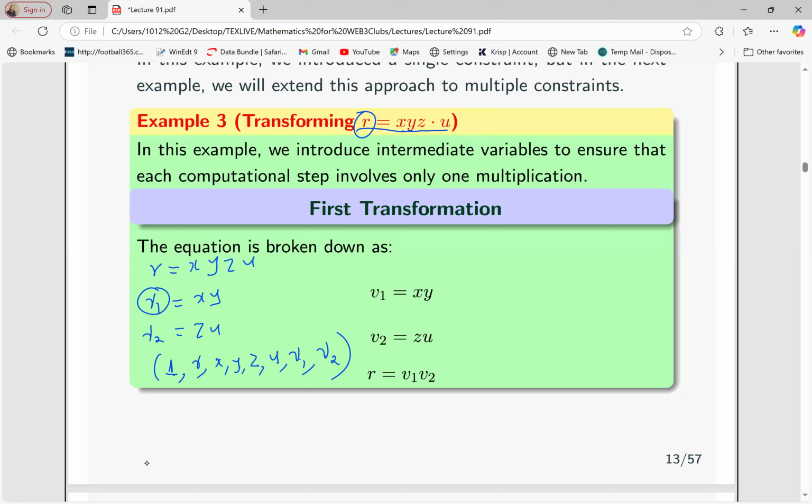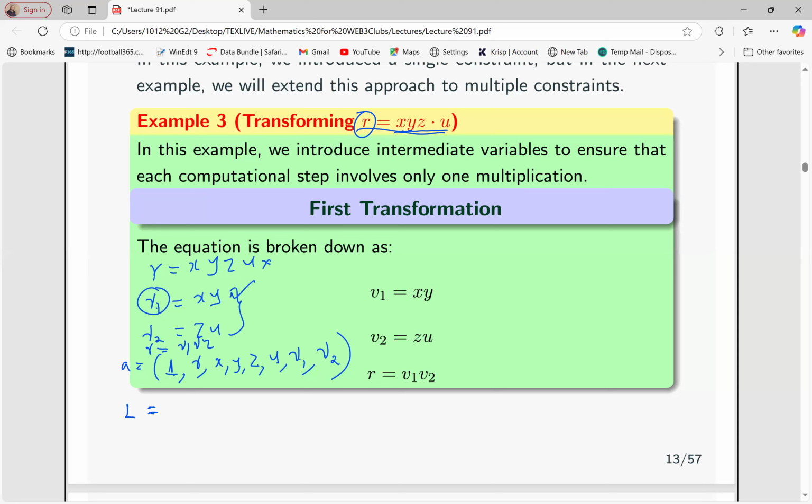It's very interesting that from here we now have to come up with the L, the left matrix. Now you look at this, and we'll not be using this, we'll be using this. How many rows do you have? Just ignore this one because it has been rewritten as R is V1 times V2.